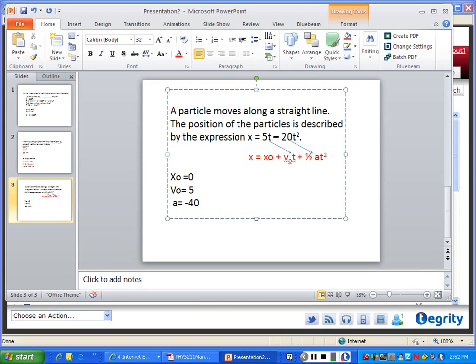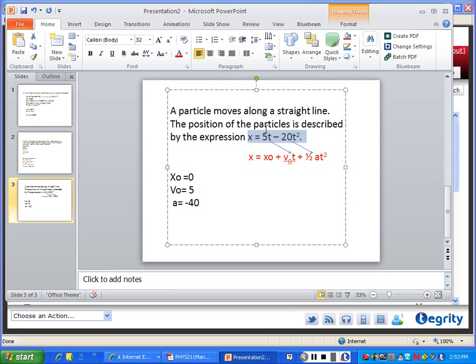Now the questions that really matter. What time does the particle return to its starting point? You might say, what does that mean? Well, think about it. This equation up here describes a particle which is moving with an initial velocity and an acceleration. But it's slowing down because it's got a negative acceleration, right?